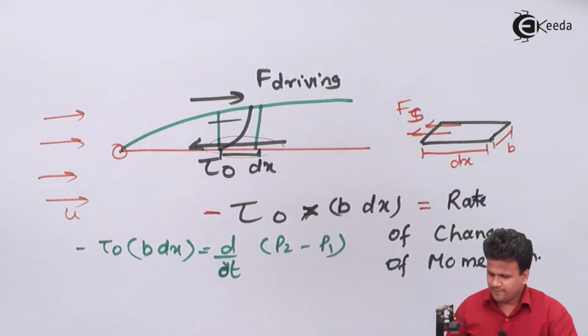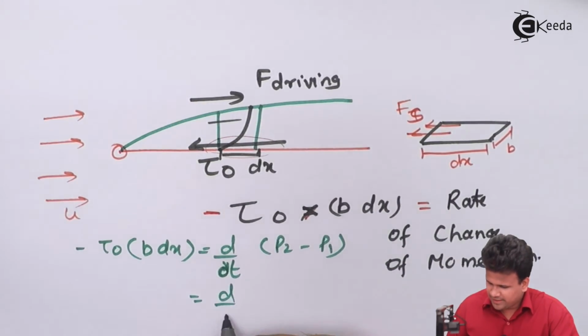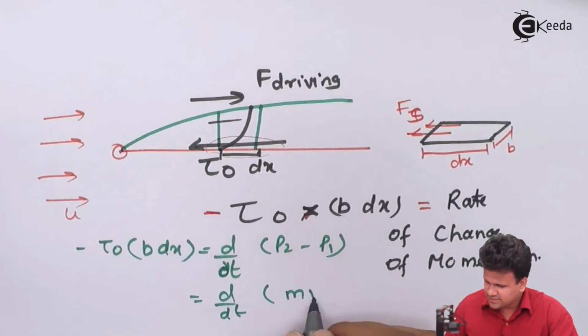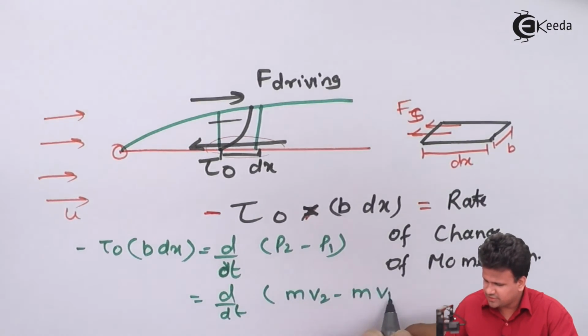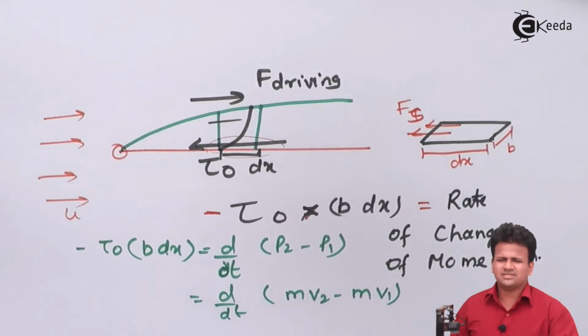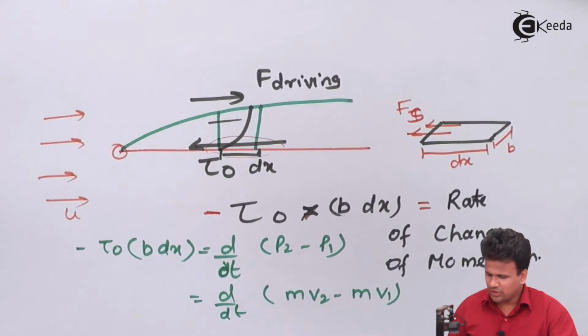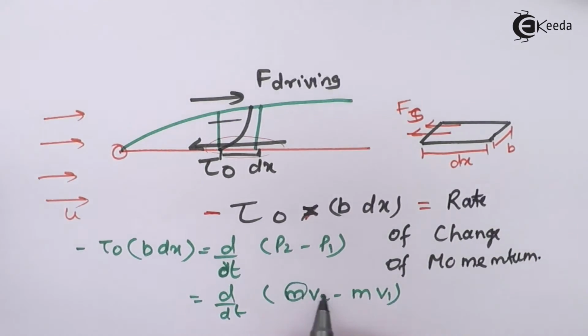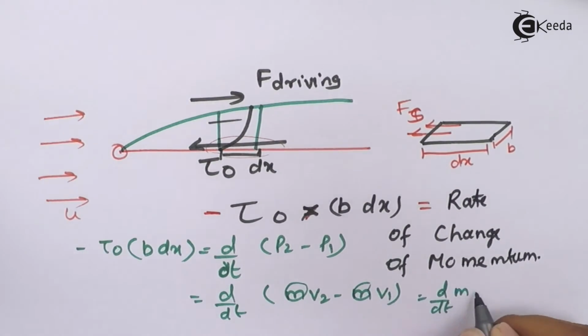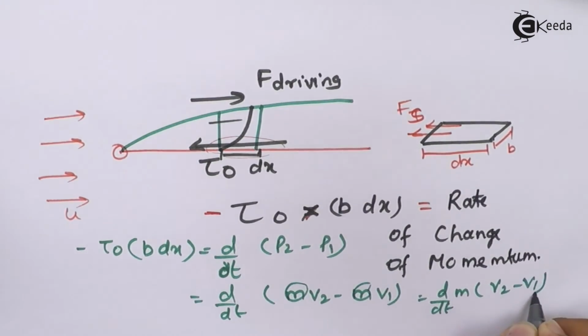Now we know that d by dt of this is mass into v2 minus mass into v1, provided the mass does not change, since it is a control volume. If we take this mass outside, we get d by dt of m into (v2 minus v1).